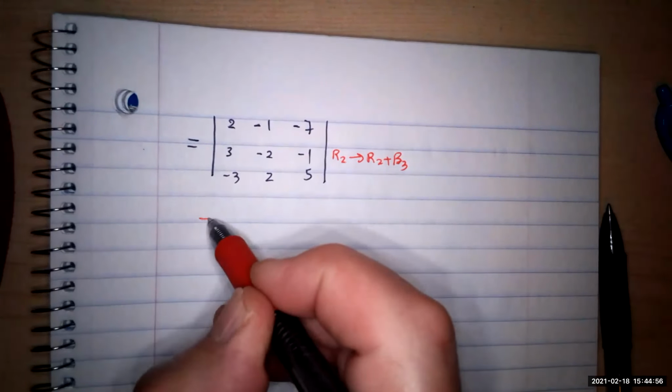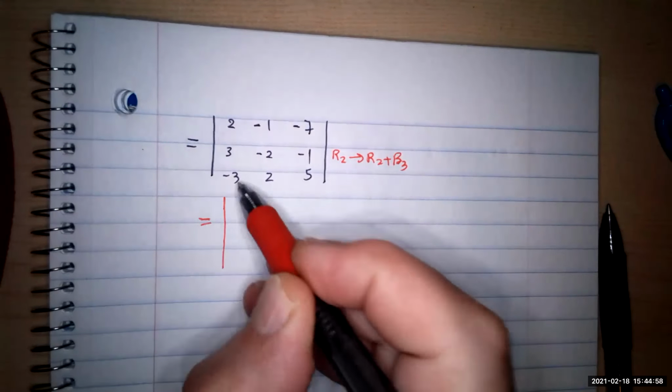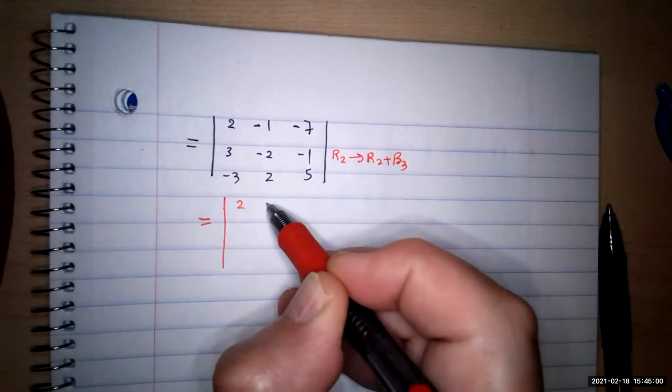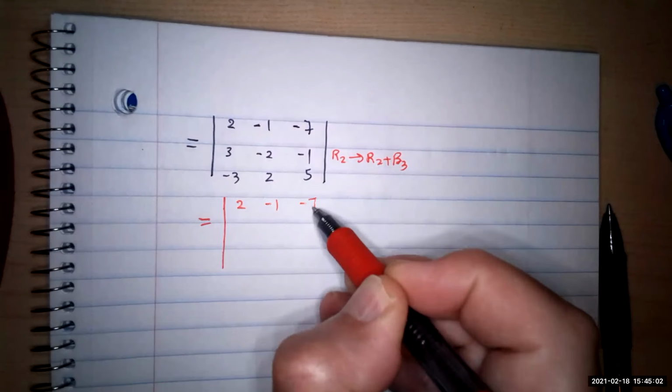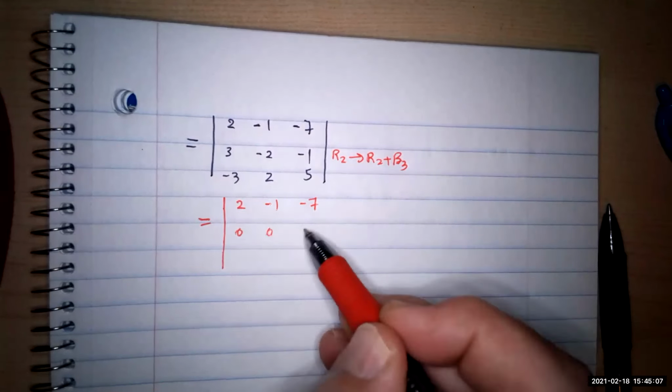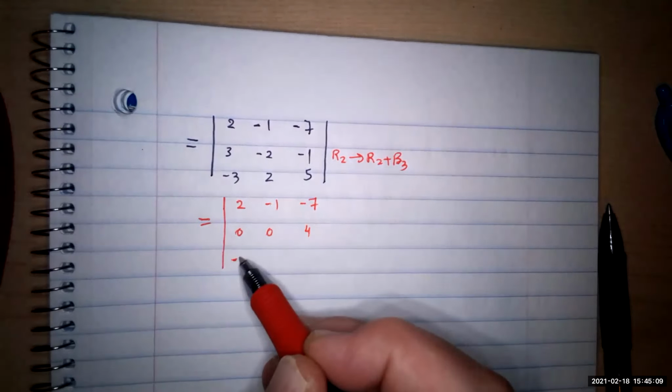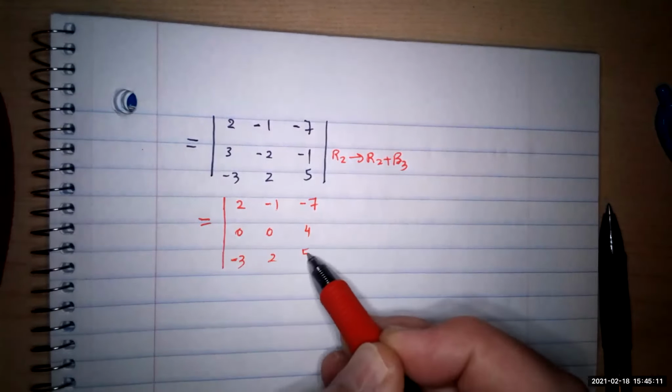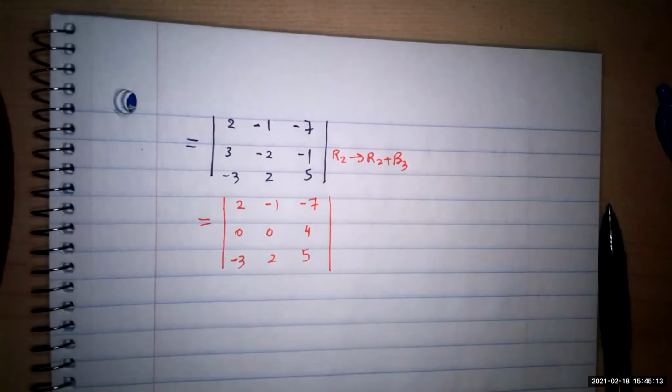So this is going to be equal to the determinant of, the first row unchanged, -1, -7. Now if you add these together, you get 0, 0, 4. And then you get -3, 2, 5. See?